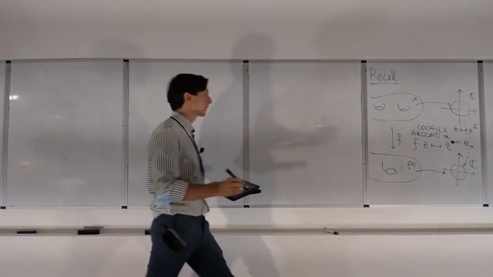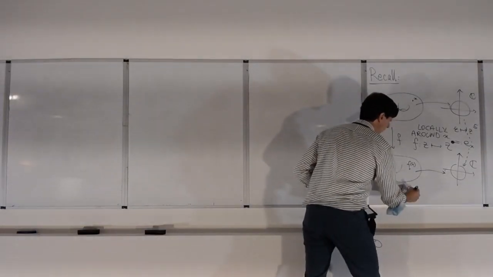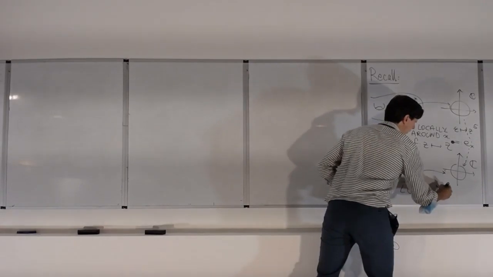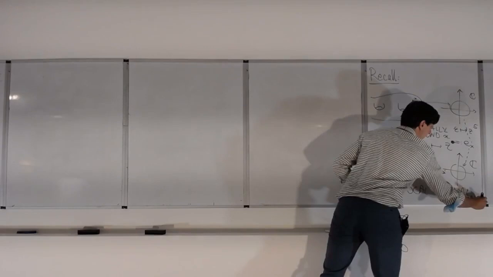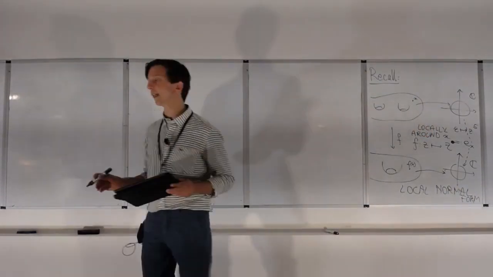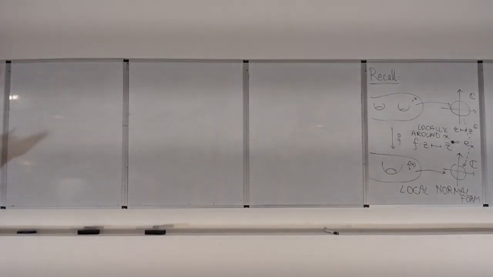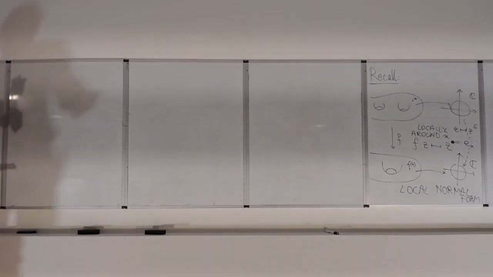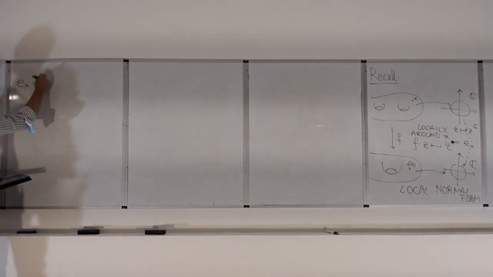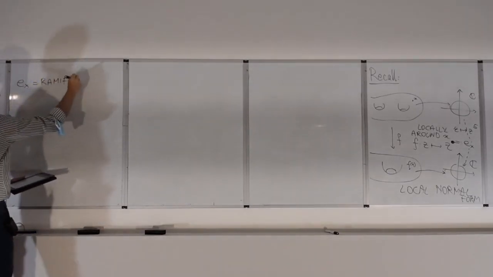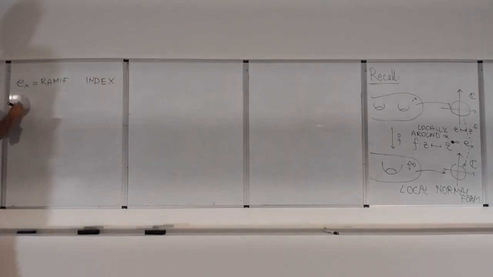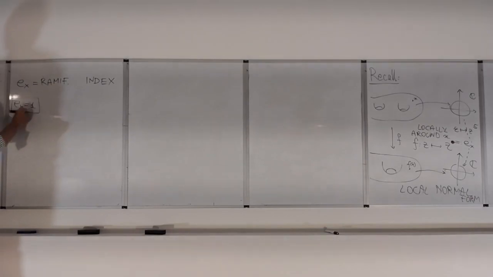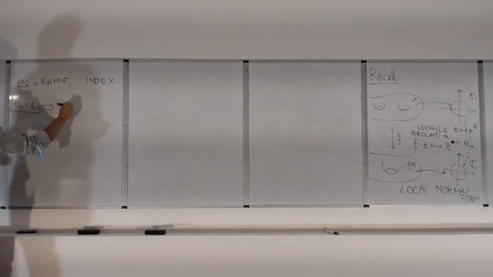I want to call this the local normal form. It's not a form in the sense of dz, it's the form that the map takes. And I want to call this E_x the ramification index. If E_x is equal to 1, then I want to say that x is unramified.